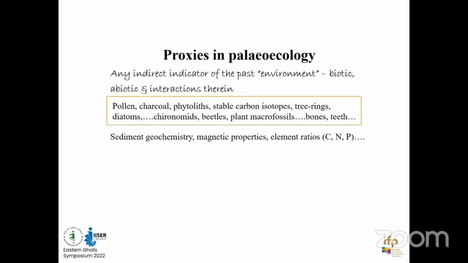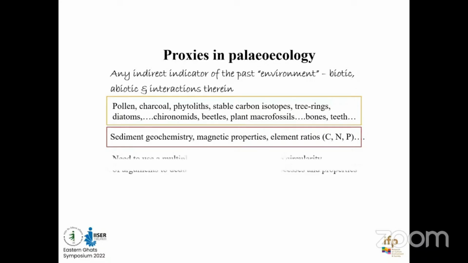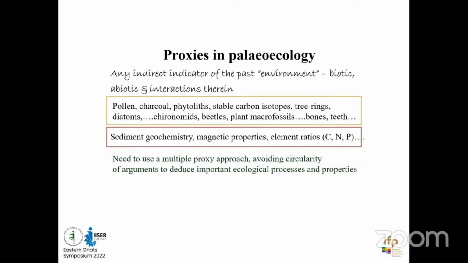So a whole number of things, from tree rings to stable carbon isotopes to bones, teeth, and then other microproxies like diatoms, chironomids, and of course plant macrofossils. But many of these are not as well preserved, and not preserved in as many quantities as pollen is. So we need what we call a multiple proxy approach.